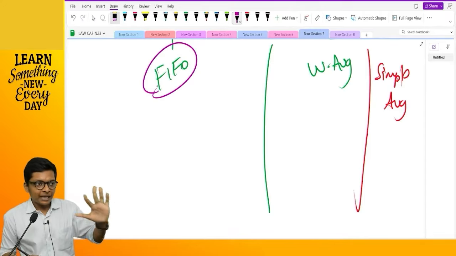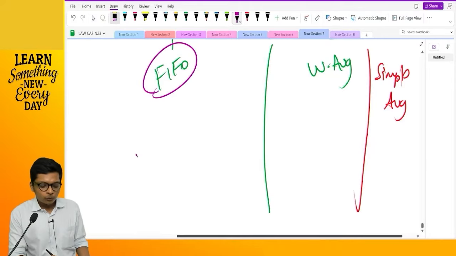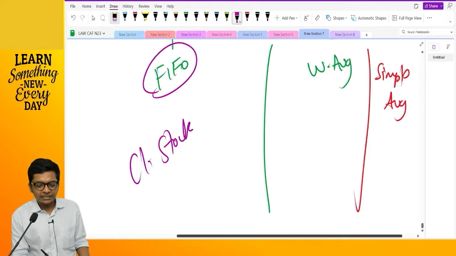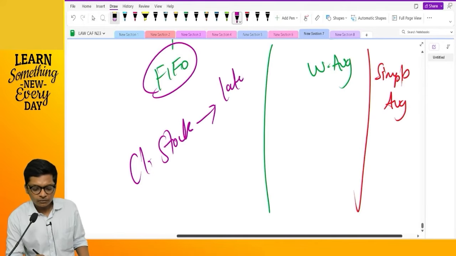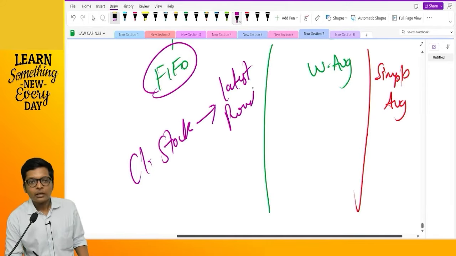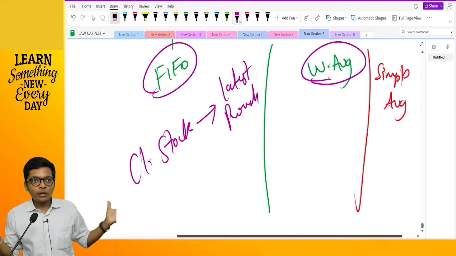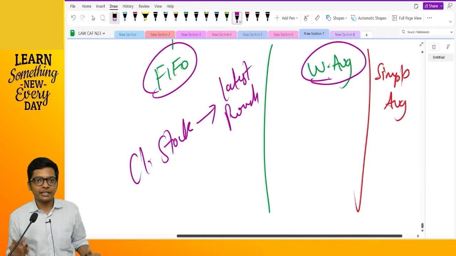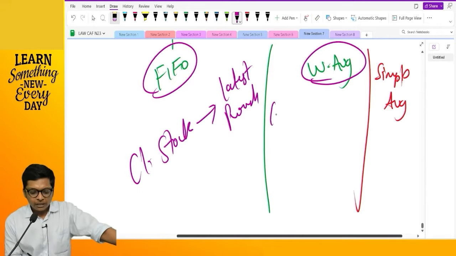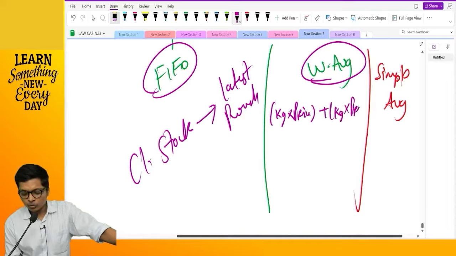Not should be, assumed it's used first. So my closing stock, whatever is left, is from the latest purchase. Weighted average doesn't say that. I am giving importance to all the purchases during the year. What is the formula? Kgs into price, plus next purchase kg into price, whole divided by total quantity.